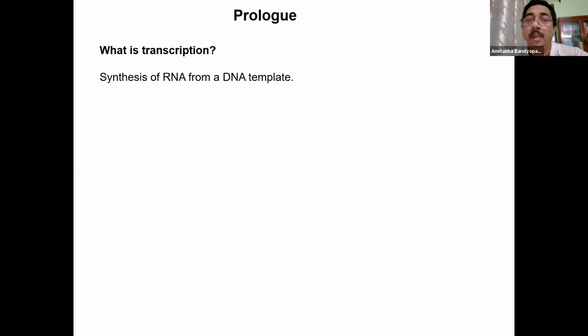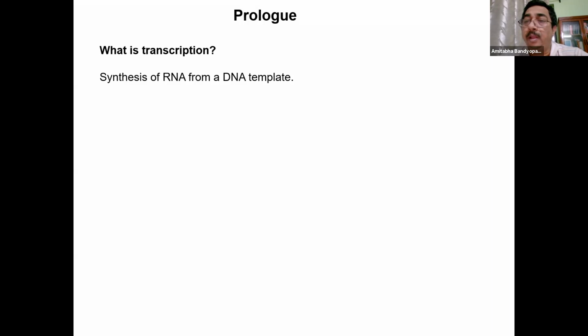What is transcription? Okay, transcription is a polymerization reaction of ribonucleotide triphosphate. Okay, a polymer of ribonucleotide triphosphate is called an RNA. Okay, but in the cell, the synthesis of RNA is always template dependent.